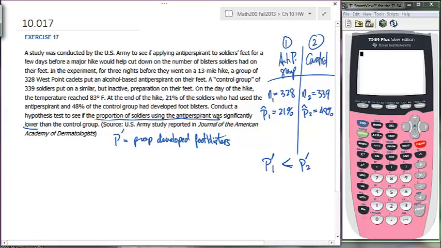This is clearly a proportion problem, and clearly there's 2 samples to deal with. This is a 2-prop, and the proportions are all z-tests, so we'll call it a 2-prop z-test. What else is going to be important for us, especially for using the calculator, is to figure out what our successes are.